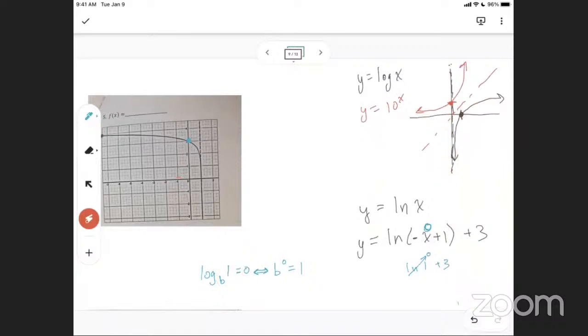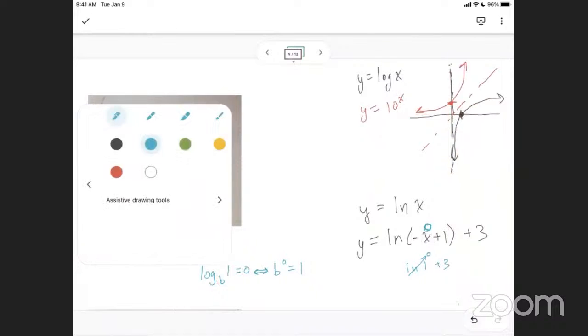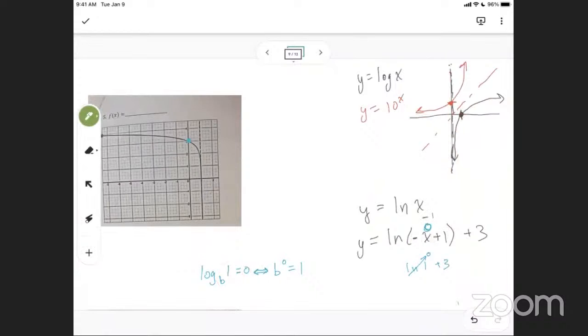Let's just put -1 in here and see what we get, because you can see it on the graph what it is. Oh, and then I realized that something's not right, because what I have is then... oh no, that's right. So if I plug in -1 for x, that's going to become a +1, right? Because it's a -1, which becomes a +1. So this is just the natural log of 2 plus 3.